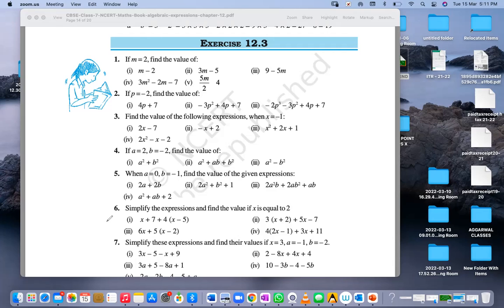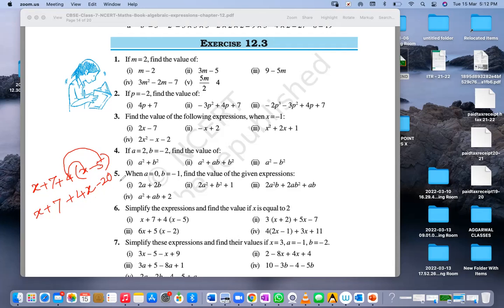So what does it mean? The first step is to simplify: x plus 7 plus 4 times the bracket x minus 5. What do you mean by simplification? You will open this bracket. So this is x plus 7 plus 4 times x is 4x and 4 times 5 is 20, minus 20. I have opened the bracket using the distributive property. 4 is to be multiplied to x as well as to minus 5.